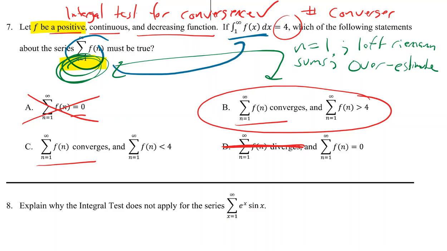If 4 is an overestimate, then you know the actual infinite series has to be bigger than 4, because this is too much, so picking bigger than 4 is what would make that work out.